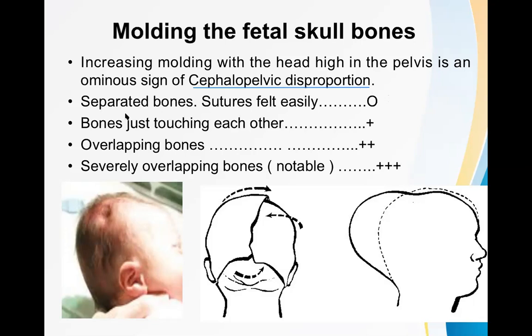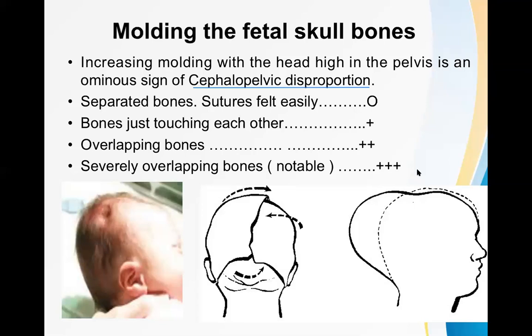Now, during examination, if the bones are separated and sutures are felt easily, this is zero molding. If bones are just touching each other, this is +1. If there are overlapping bones, +2. And if there are severely overlapping bones, which are quite notable, then 3+ molding. And this is a good amount of molding which is present there.